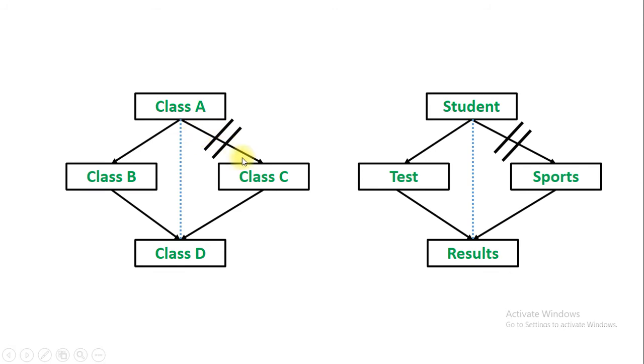Why is that line not possible? Because class A is the grandfather class, B is the father, C is the mother, and D is the child class.